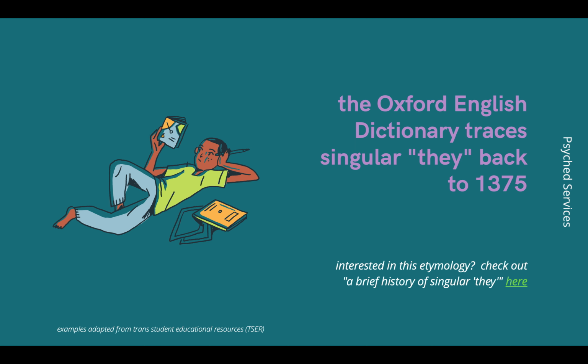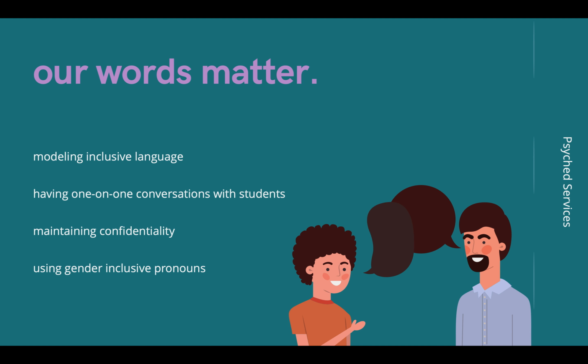Okay, so obviously we're talking a lot about terms and words, and we know that our words matter. You wouldn't be here if you weren't concerned or interested and you weren't already cognizant of this. So we want to make sure that we're communicating that our words matter by using our words in an inclusive way, right? So we want to model inclusive language.